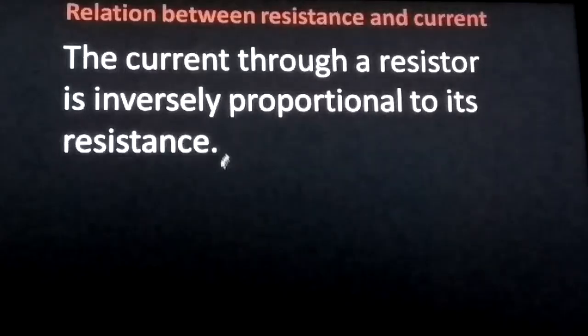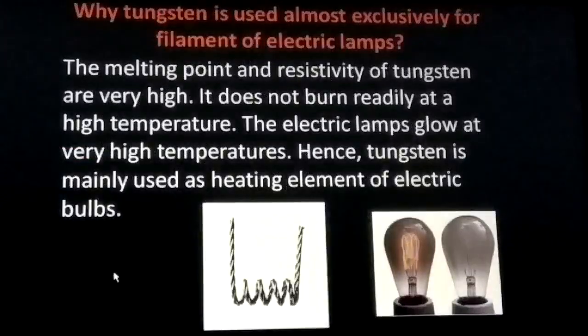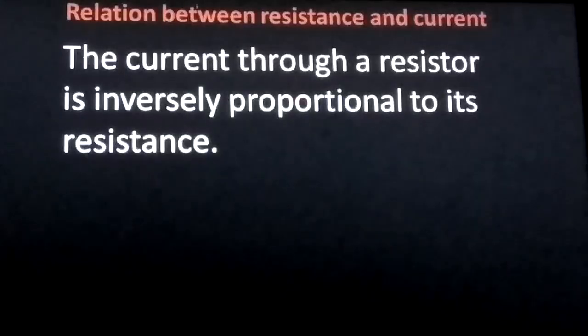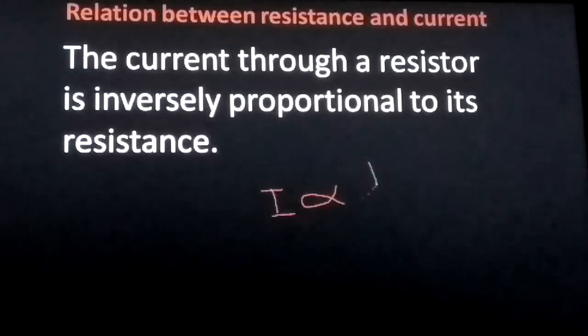Symbolically we can write, observe here, the current through a resistor, current is represented by the symbol I. I is inversely proportional to 1 by R.